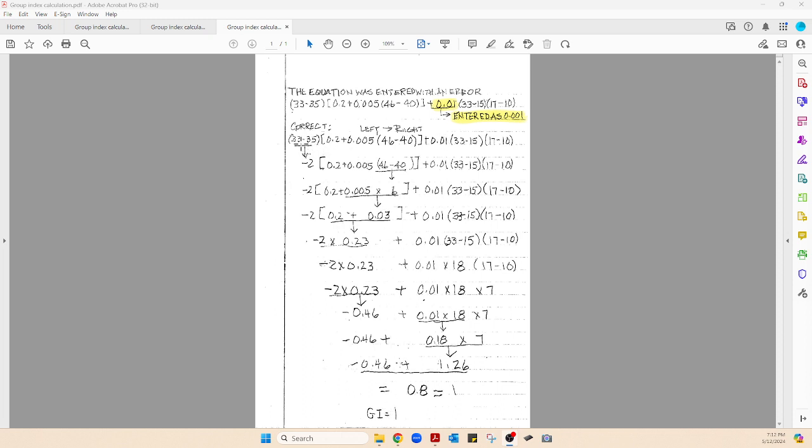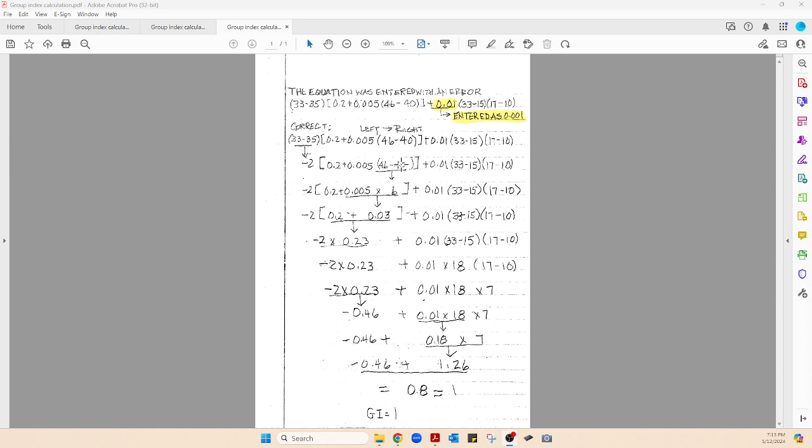So after the 33% passing is entered, the 35 is constant, and this 0.2 plus 0.005 is another constant. It'll always be that. And the next figure will be your liquid limit minus 40.